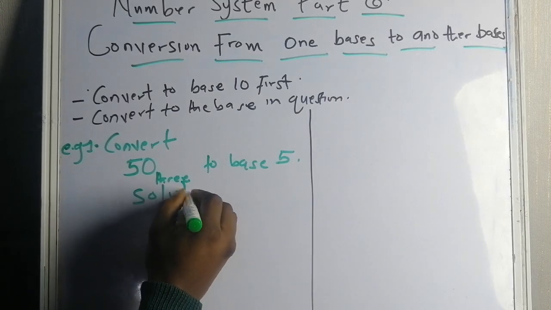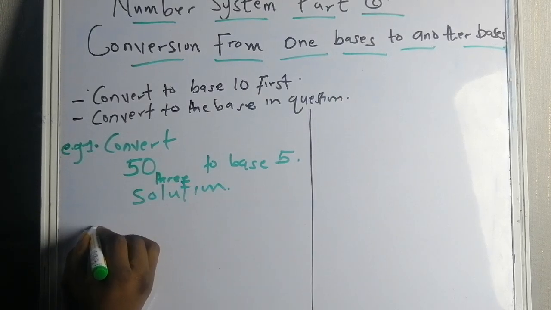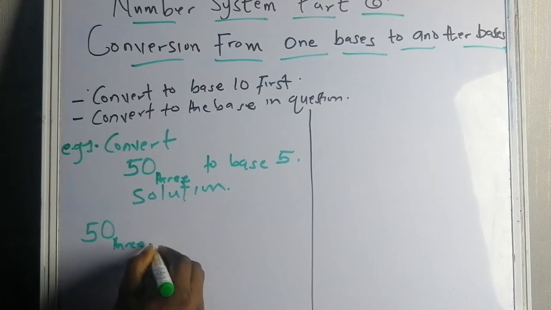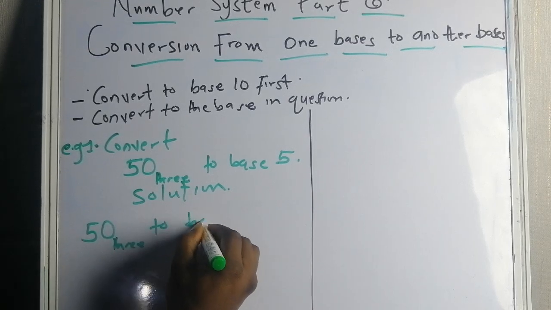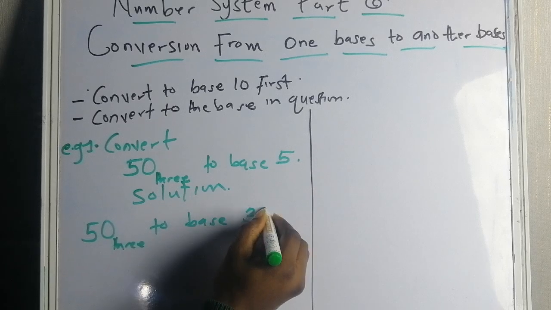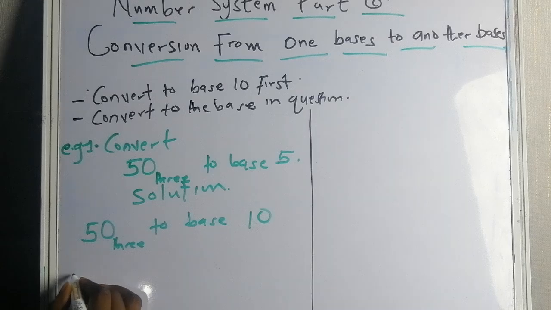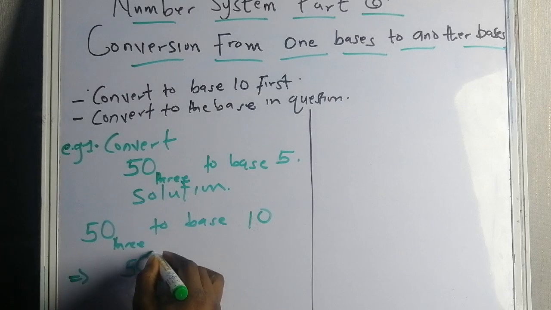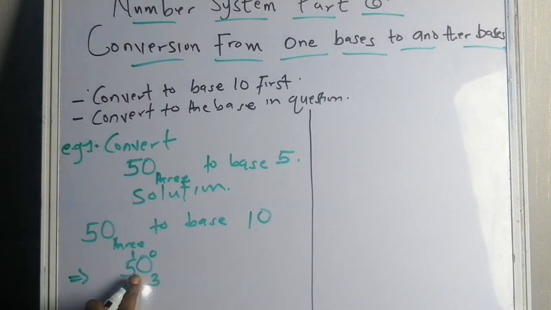So from here, I can have my solution. 50 base 3 to base 10 will now be, that implies 50 base 3. Your place value, don't forget, 0, 1. How many figures is this? 1, 2.